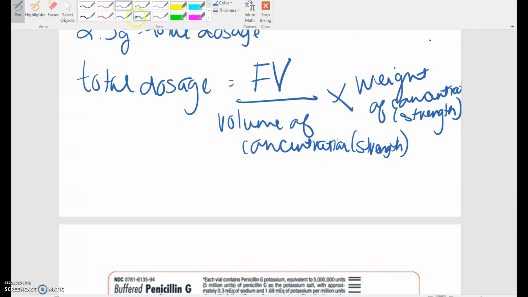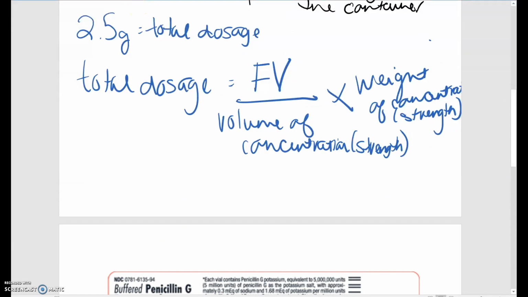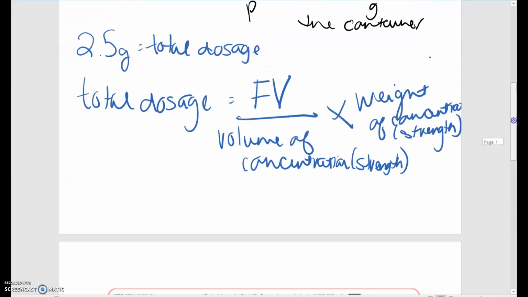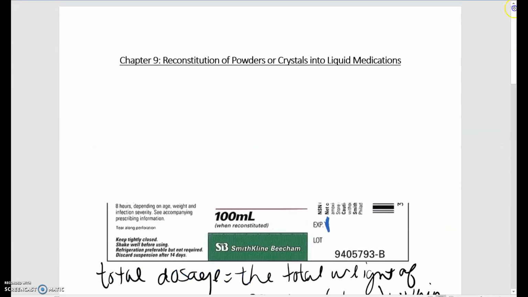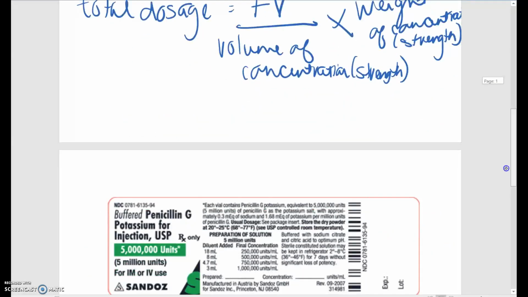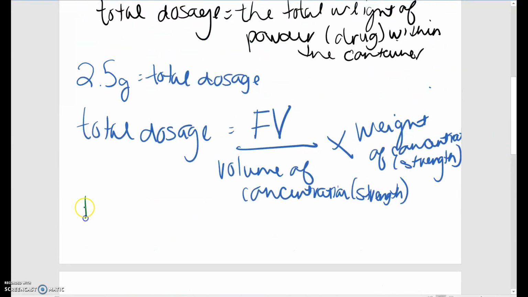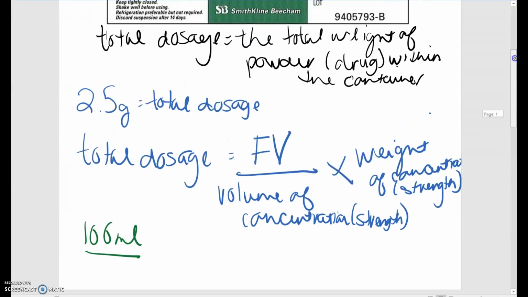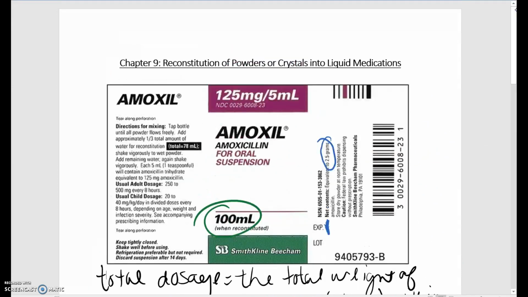We determined that the final volume is 100 milliliters, correct? So I'm going to take 100 milliliters over the volume of concentration. When I ask what's the volume of concentration or the weight of the concentration, you look at your dosage strength.